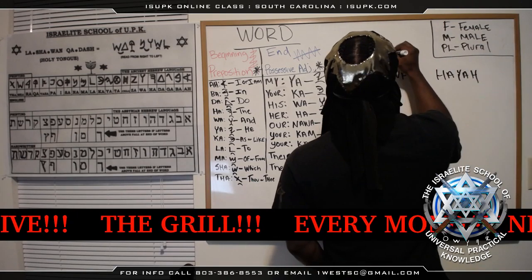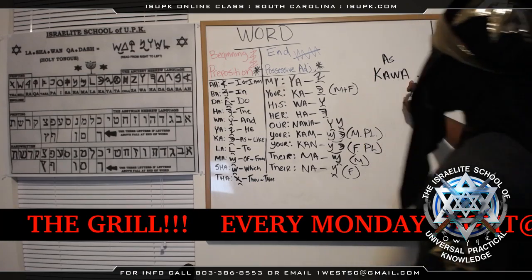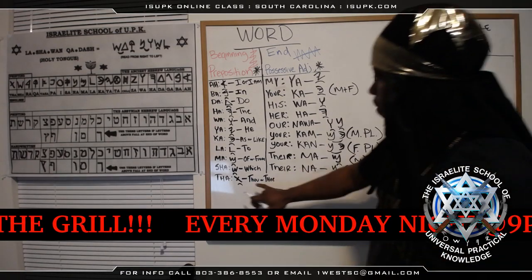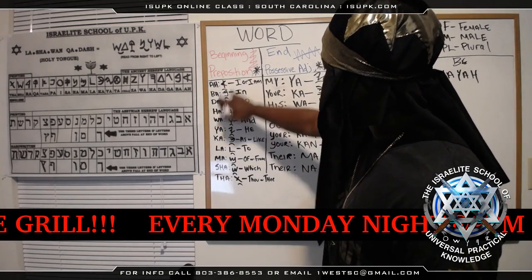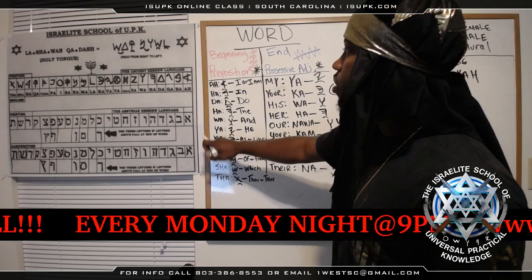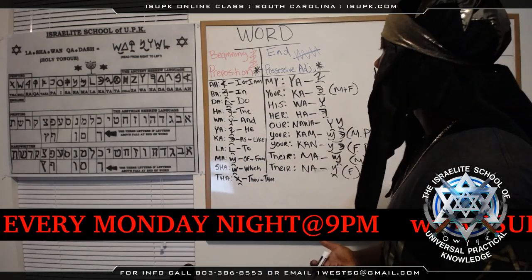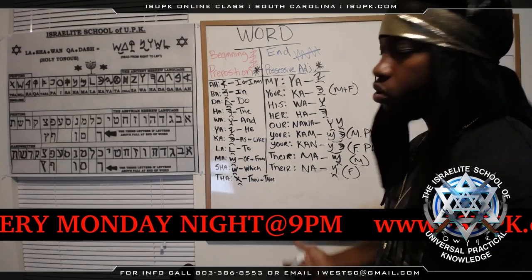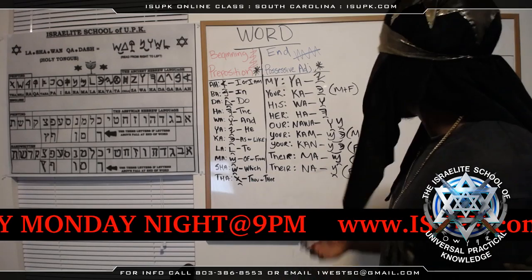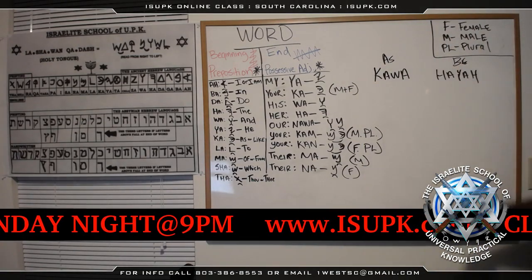So as is kawa. As a preposition it's represented by ka, but that is only what we use when we want to say as at the beginning of a word, or when comparing something to something. But this is just saying as, be, in heaven.